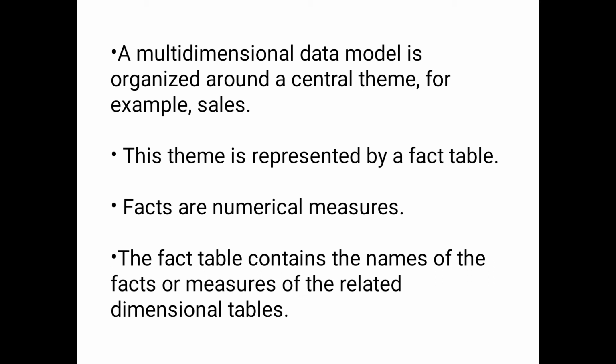This theme is represented by a fact table. Facts are numerical measures. The fact table contains the names of the facts or measures of the related dimensional tables. Schemas for multi-dimensional data model are: first one is star schema, second one is snowflake schema, and third one is fact constellation.